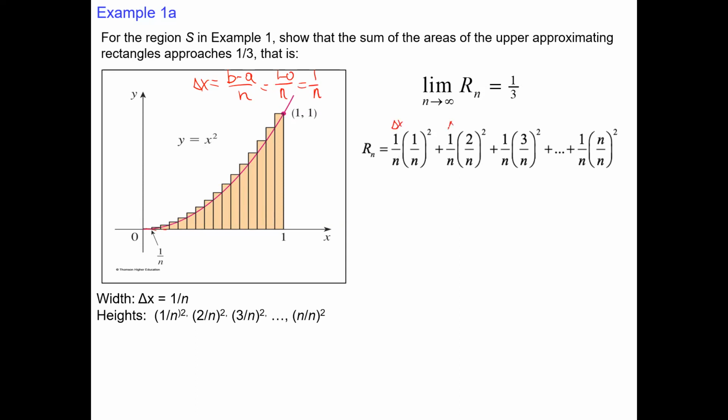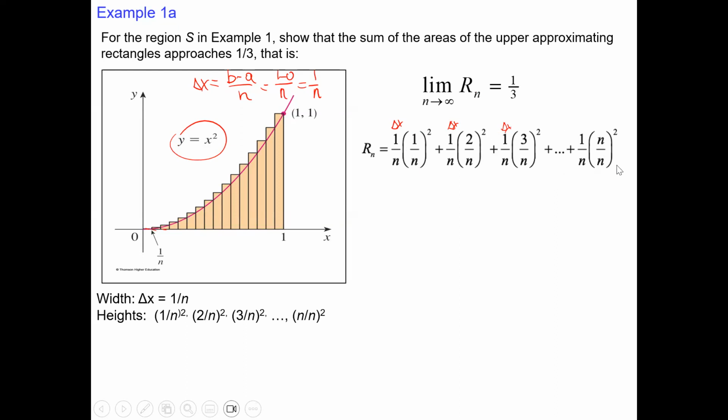That's delta x, the base. Now the height is the value of the function. The function is x squared. That means I will square the first number, and we can see this will be 1 over n, 2 over n, 3 over n, 4 over n, 5 over n, and so on. Those are the endpoints. The first number squared, the second number squared, and so on.